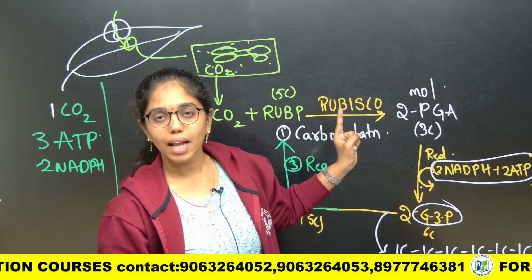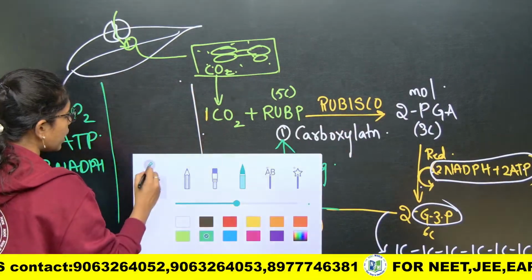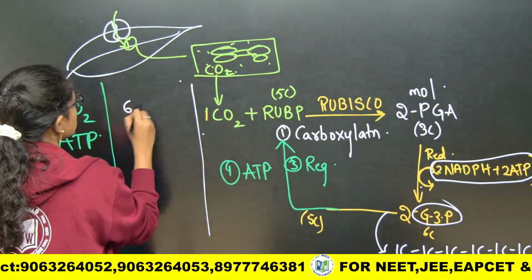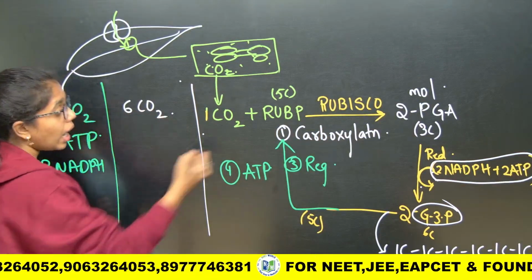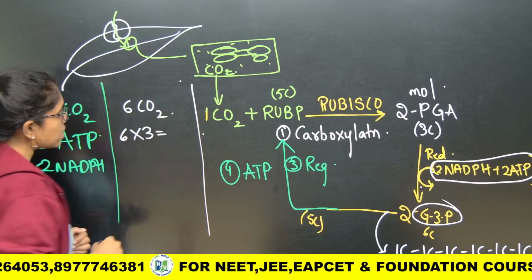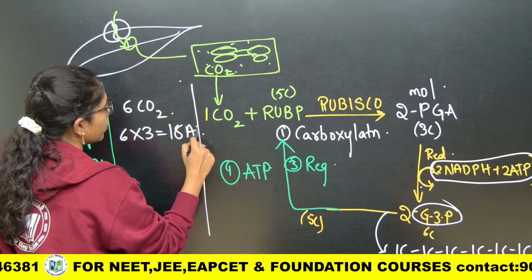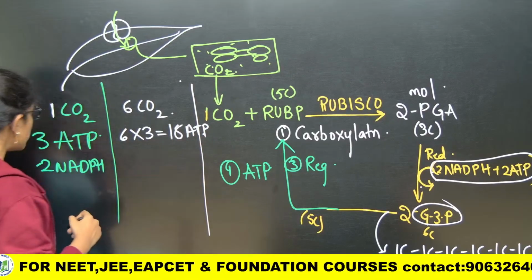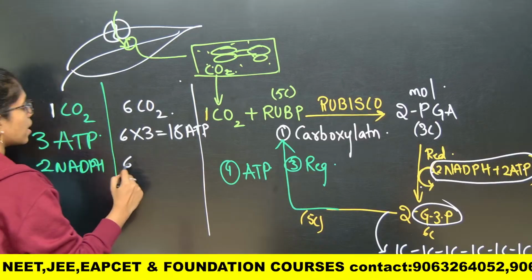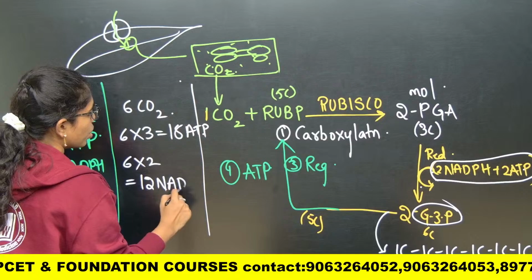When the cycle runs 6 times, how many carbon dioxides are required? 6 carbon dioxides. How much ATP will be required? 6 into 3, that is 18 ATP. And how much NADPH? 6 into 2, that is 12 NADPH.